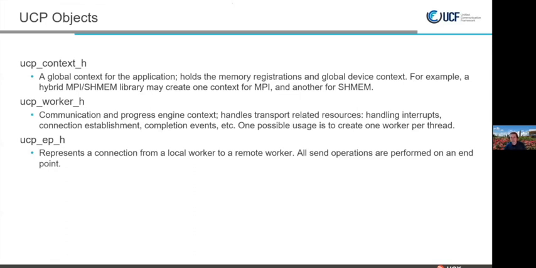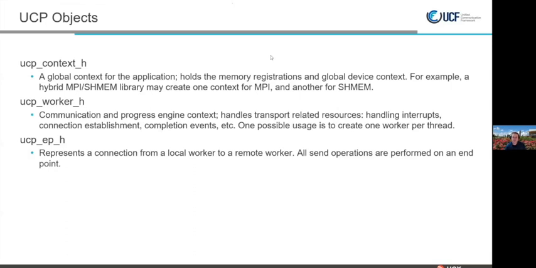One is UCP Context. That's the global context for the application. A good way to think about this is, if you were running two different types of applications, maybe an MPI application and a SHMEM application, each of them will allocate data differently, and it'll have a different context in terms of how it does RDMA accesses.